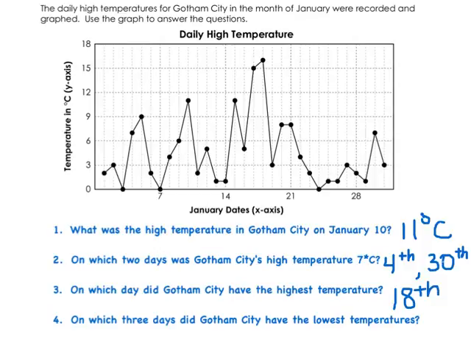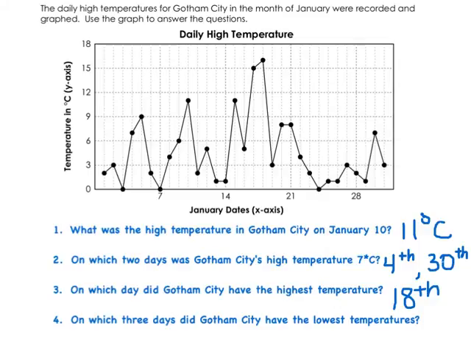And my next question, on which 3 days, so I've got to get 3 dates, did Gotham City have the lowest temperature? Well, in this case, I need the lowest dot. And this is obviously the lowest. It's at 0 degrees. There's a dot, and there's a dot, and there's a dot. And this would represent, well, if this is 0, this would be 1, 2, 3.